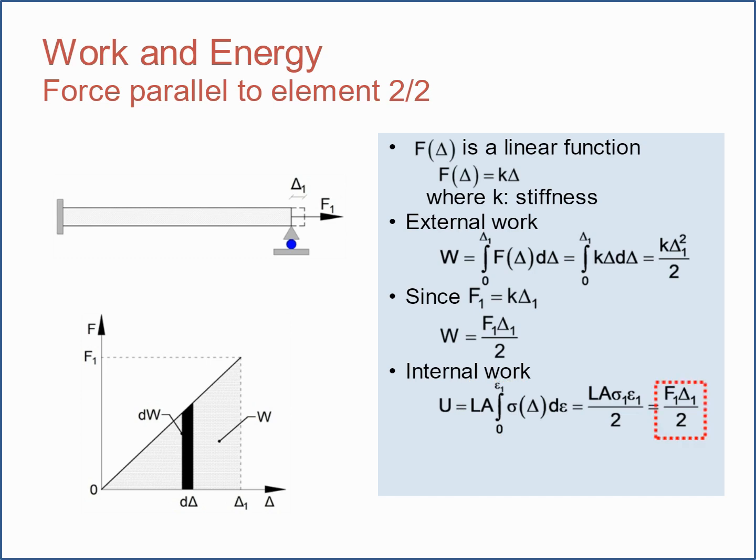This relationship can be further manipulated to become equal to F1 times delta 1 divided by 2. We can observe that the principle of conservation of energy applies, since the expression for the external work is equal to the expression for the internal work.